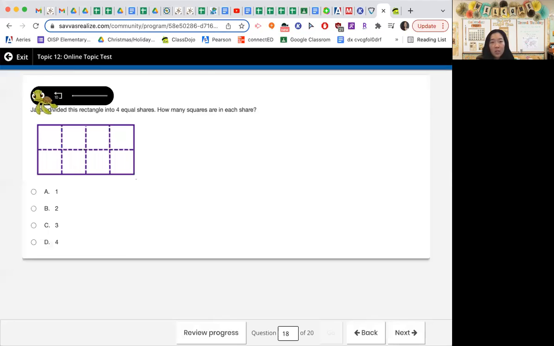3 more questions. Jamie divided this rectangle into 4 equal shares. How many squares are in each share? So we want to split this up between 4 people. Let's color this in so you can see.